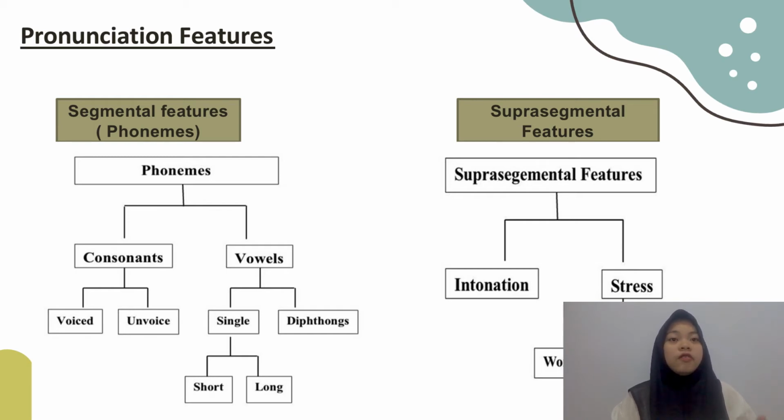And vowels are divided into two parts, single and diphthong. And single vowels are divided into two parts, short and long. And suprasegmental features are divided into two parts, also intonation and stress. And stress is divided into two parts, word stress and sentence stress.